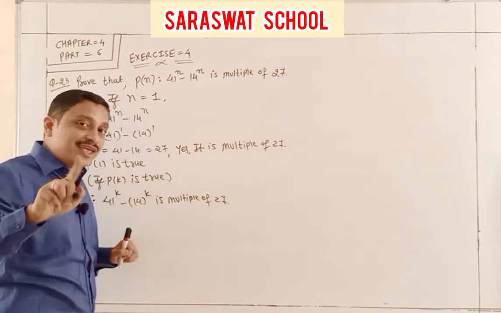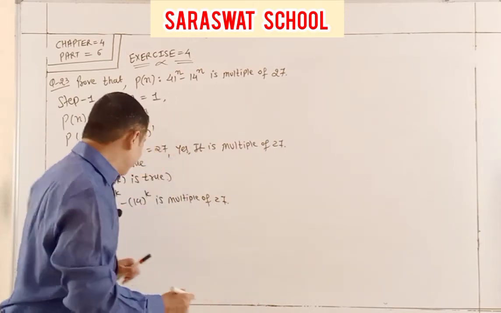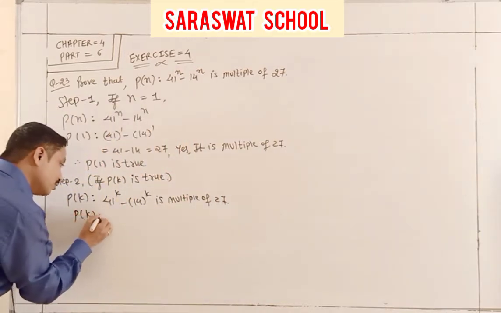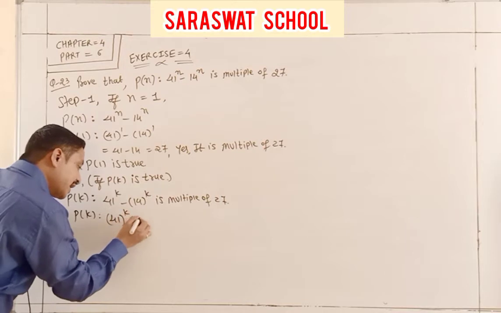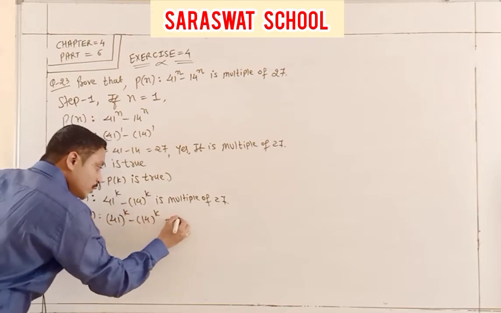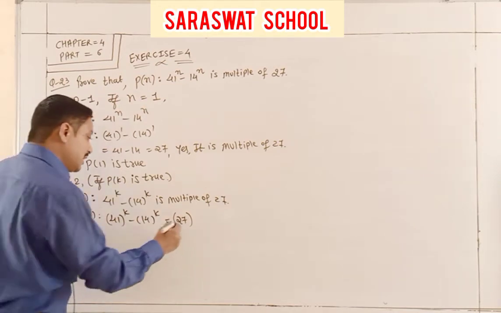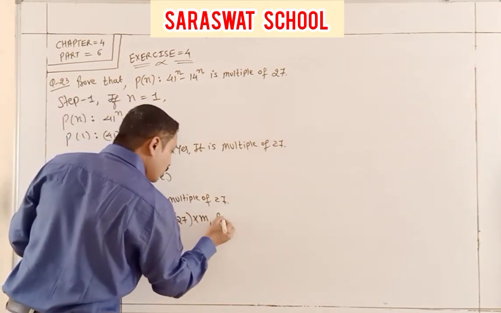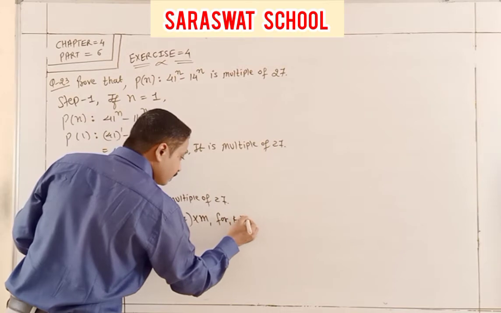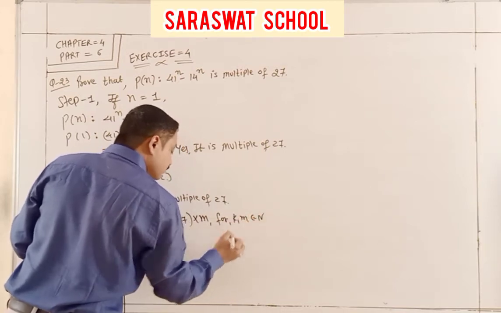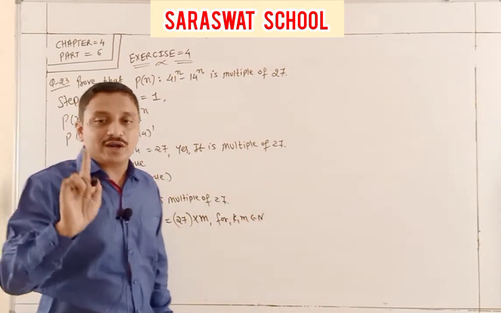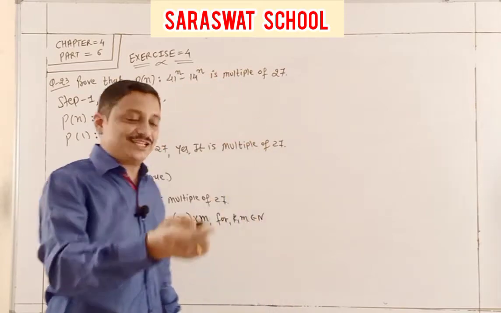You write down 27 into some multiplying number. I just write 27m, where k and m belong to natural numbers.